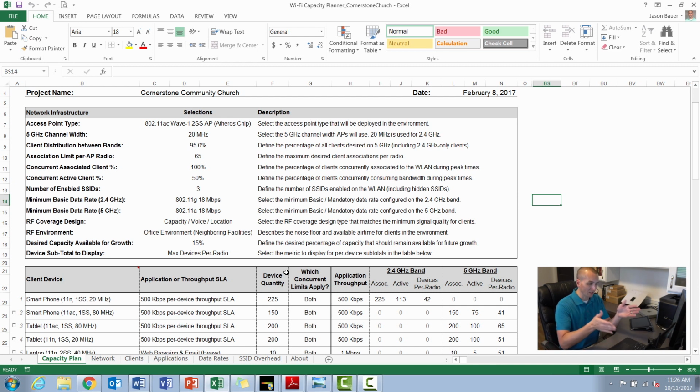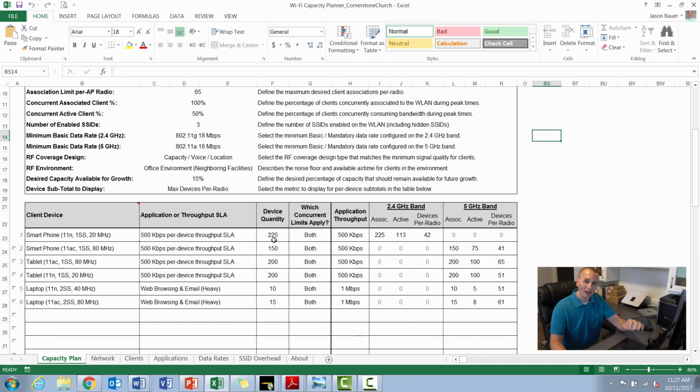And it's not designed for me to talk about every element of this capacity planner on this video, but this is what I'm using to determine the capacity, the number of radios that I've got to incorporate to a given area to meet the capacity requirements. Minimum basic rates, the type of environment I'm in, the client distribution, the types of clients, and the type of bandwidth requirements within each of those clients.